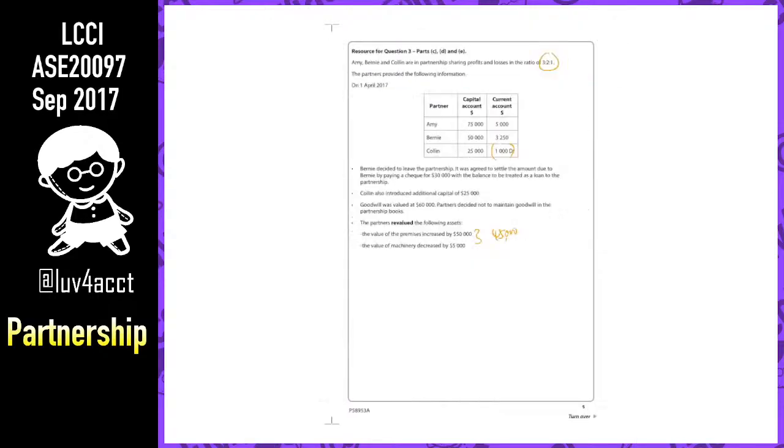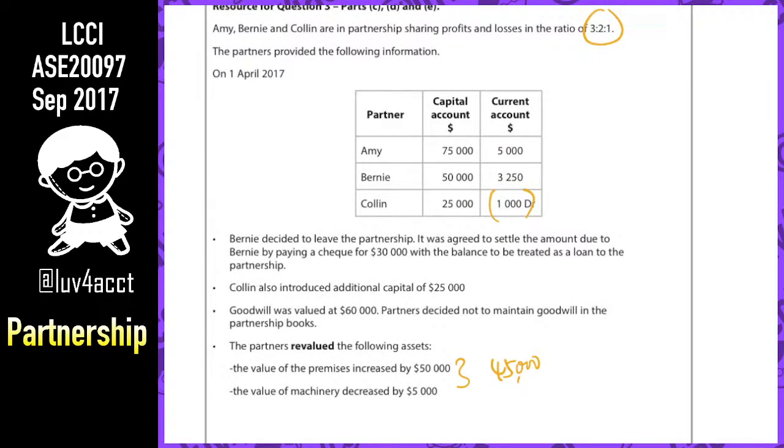For Bernie 50,000 and then 3250 current account. After that we have the 15,000 revaluation gain, the 20,000 goodwill. Nothing else happened. And then the final settlement 30,000 by check, and then the remaining as a loan.